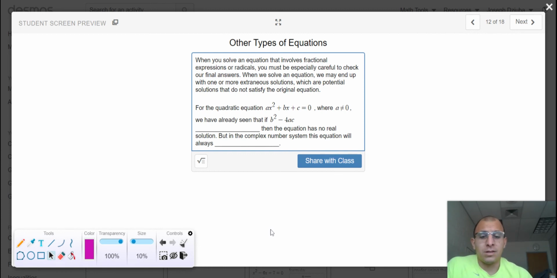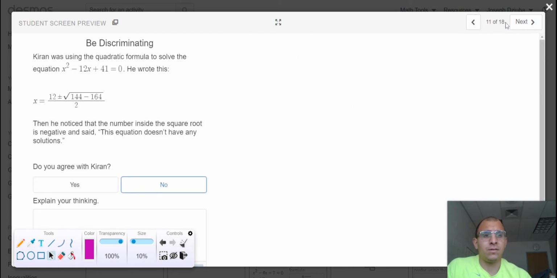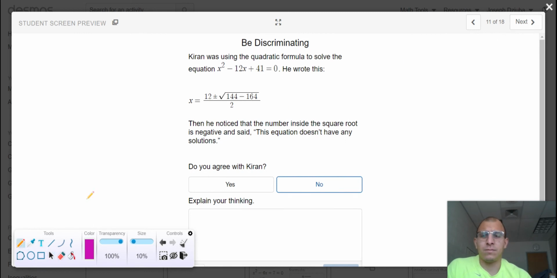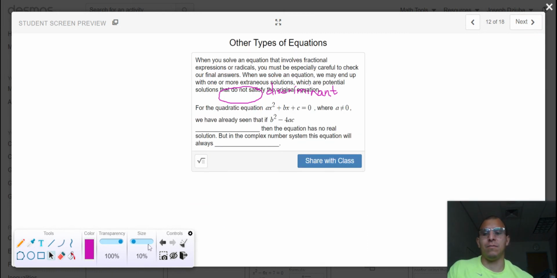So for quadratics, on the previous slide we have just seen that the b squared minus 4ac component, which we refer to as the discriminant, because I don't really mean to be discriminating, informs us whether or not our quadratic will have real solutions, non-real solutions, or no solutions altogether.